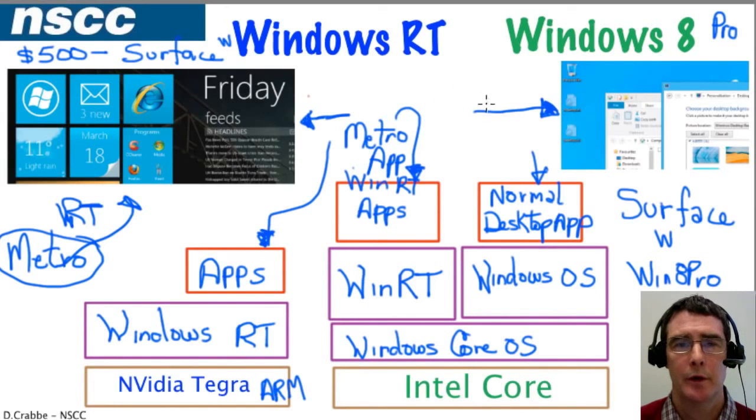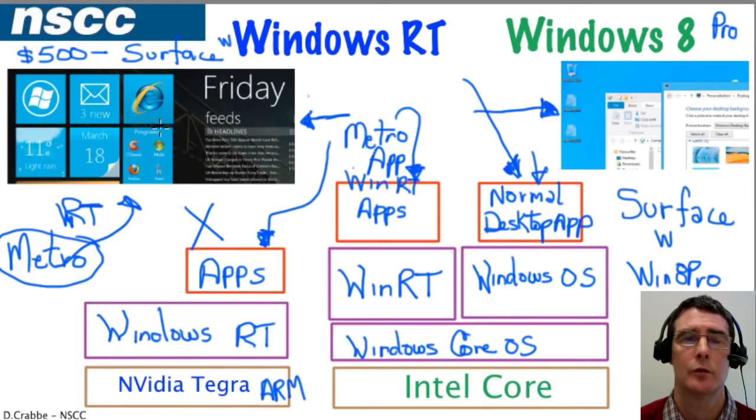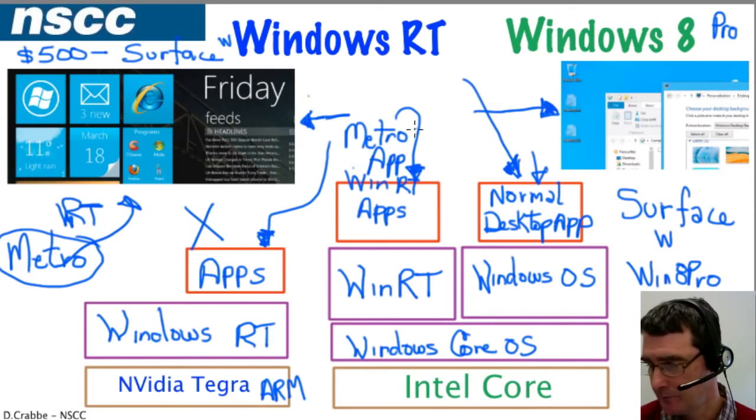The big point here is that if you have a normal Windows app like Photoshop or something that was designed for Windows, it will run on Windows 8 Pro, but it will not run on Windows RT. So if someone buys a Surface with Windows RT and thinks they can run any Windows apps, they can't. And so there has been some confusion on what applications will run on what form of Windows.